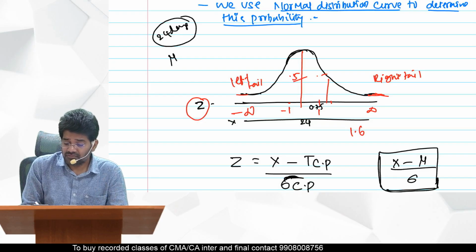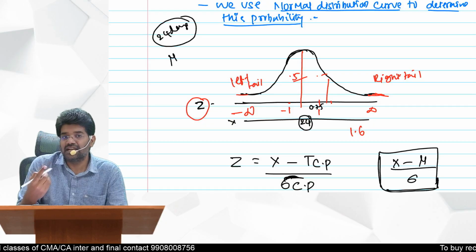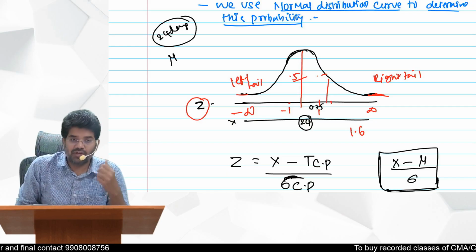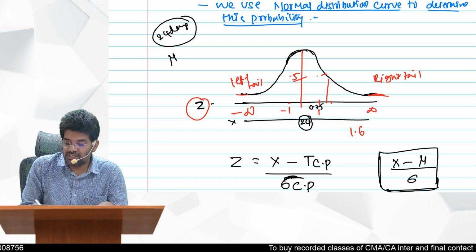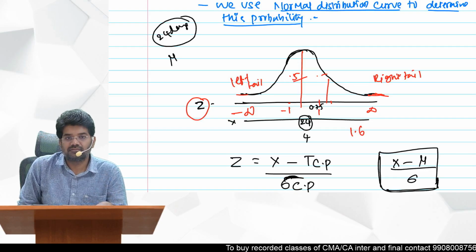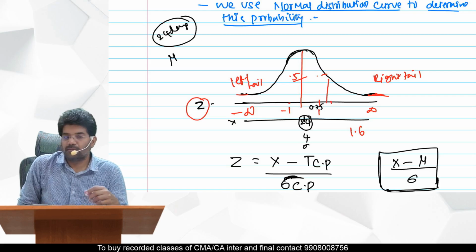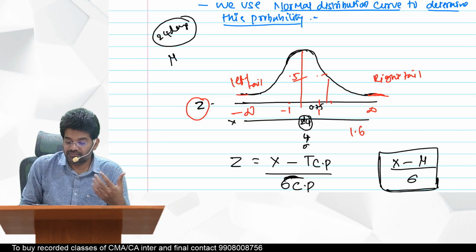Now first, we need to find out the standard deviation also, no? Yes, now you will know the purpose of calculating standard deviation. We need to calculate the standard deviation of the project completion. Say the standard deviation of the project completion is 4. Okay, this is the standard deviation. For the 24 estimated duration, the standard deviation is 4.